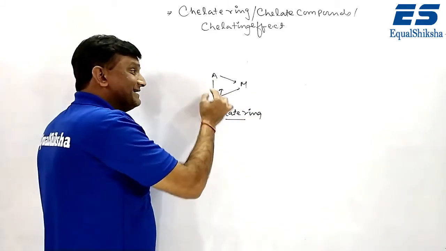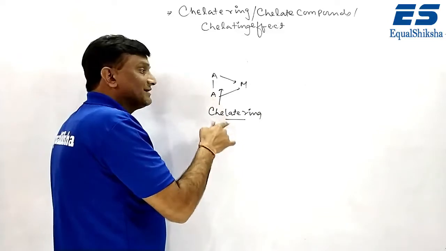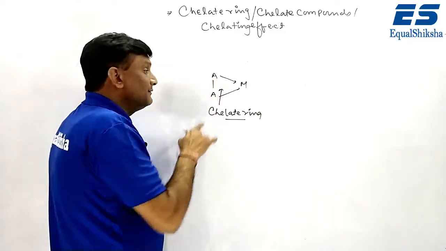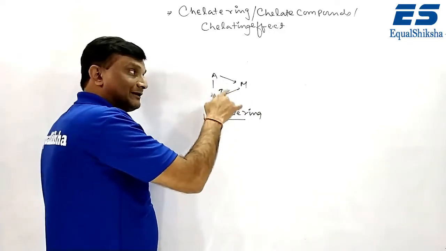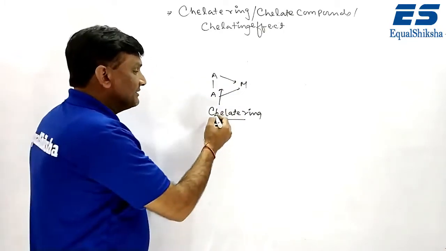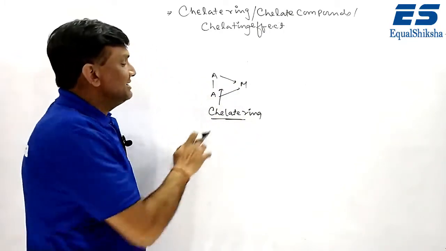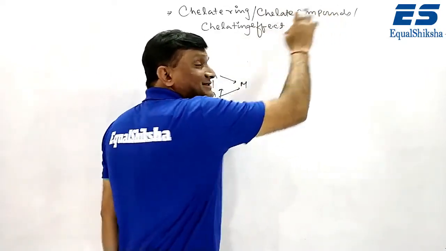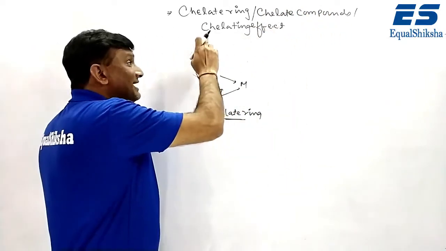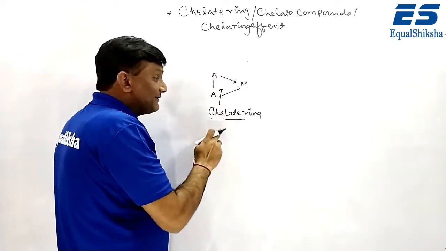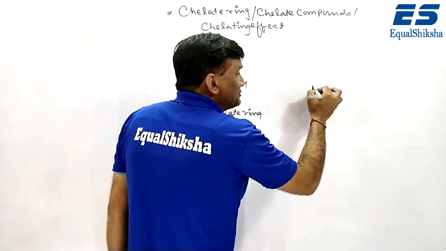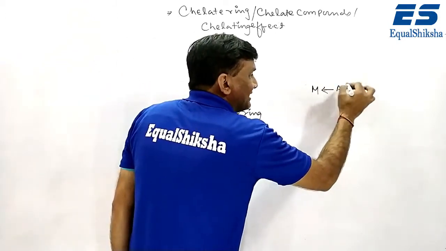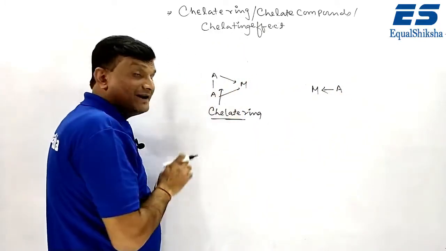It means a bidentate ligand forms a ring by the donation of lone pairs of electrons to the central metal atom. The ring formed is called a chelate ring, and compounds having a chelate ring are known as chelate compounds. And what will be the effect of the chelate ring? Suppose there is a monodentate ligand A, and here is a bidentate ligand.